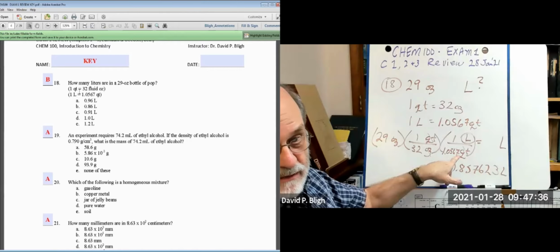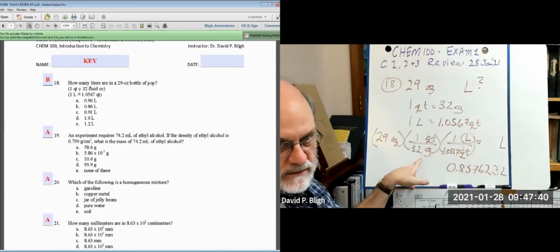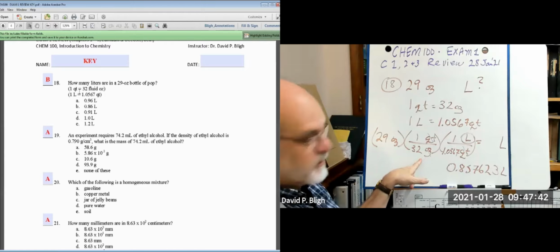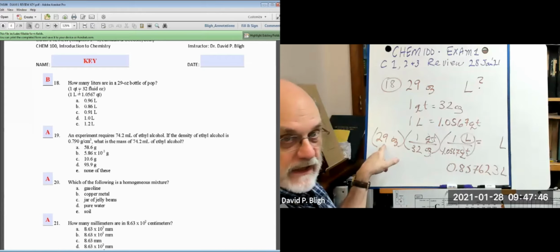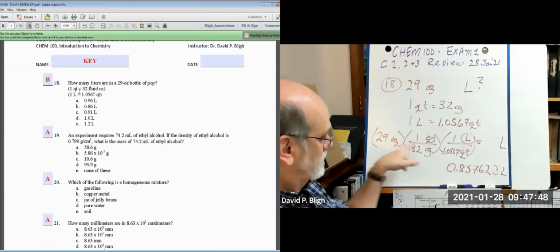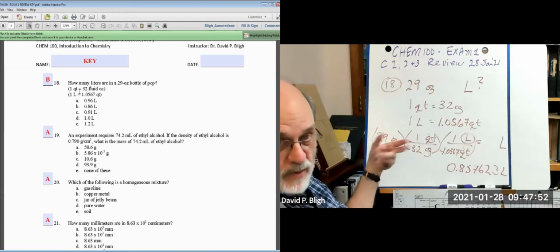Now, how many of those can we keep? That's an exact number. All conversion factors are exact, because it's a conversion factor. This is the only limiting factor in the whole sequence. And these are all multiply, divide problems.